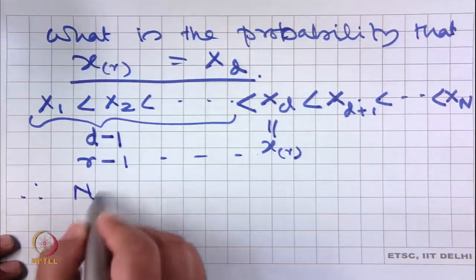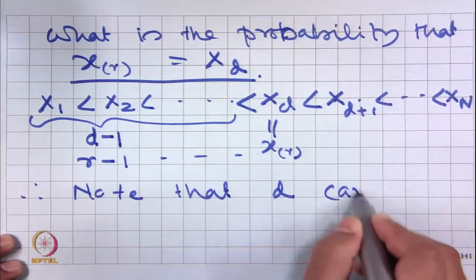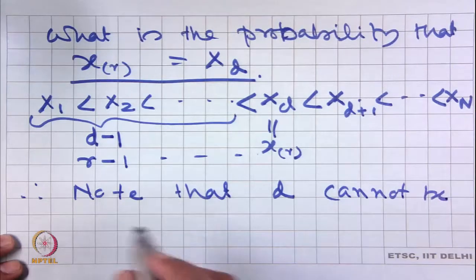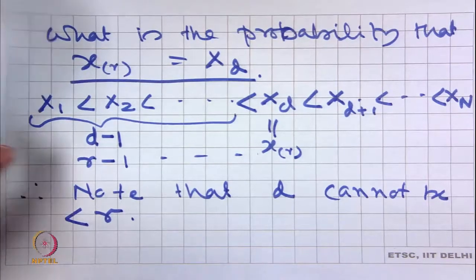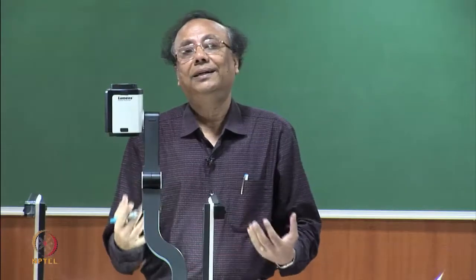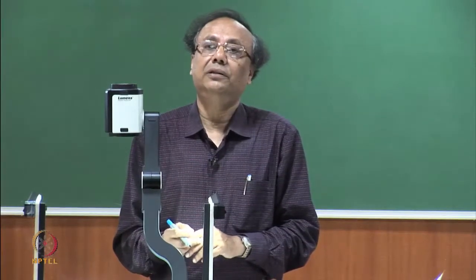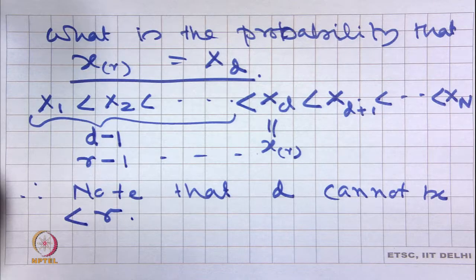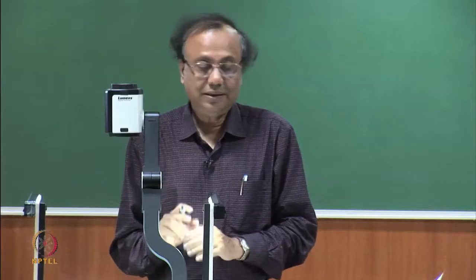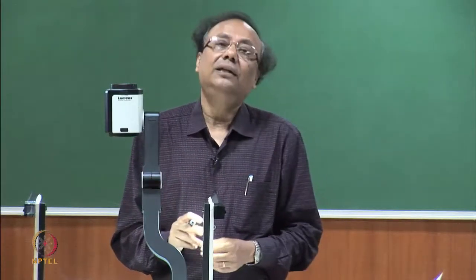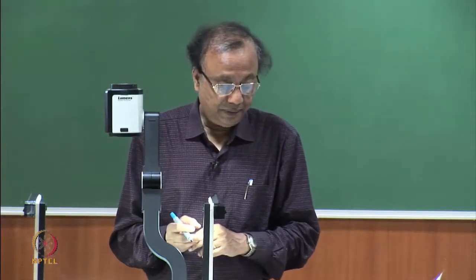Therefore, note that d cannot be less than r. Suppose I am looking at 10 samples from 1, 2, 3 up to 100, then the fifth order statistic cannot be less than 5, it has to be at least 5, right. So, that is what I am saying here, that the rth order statistic is equal to x d means d cannot be less than r.